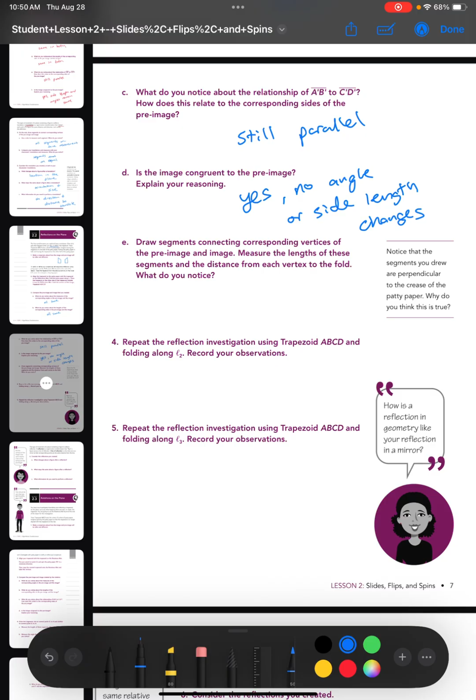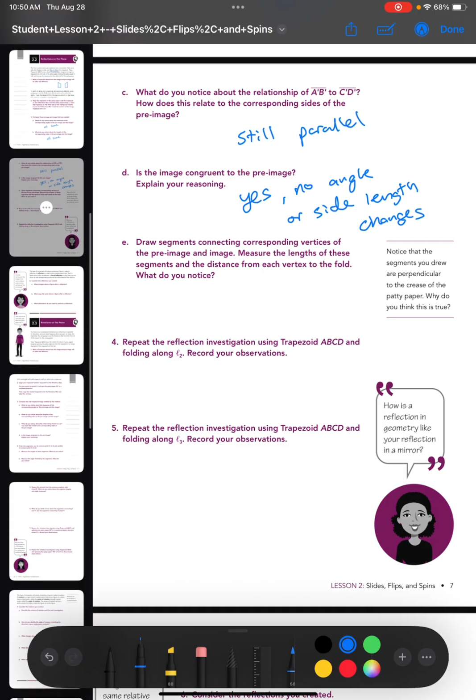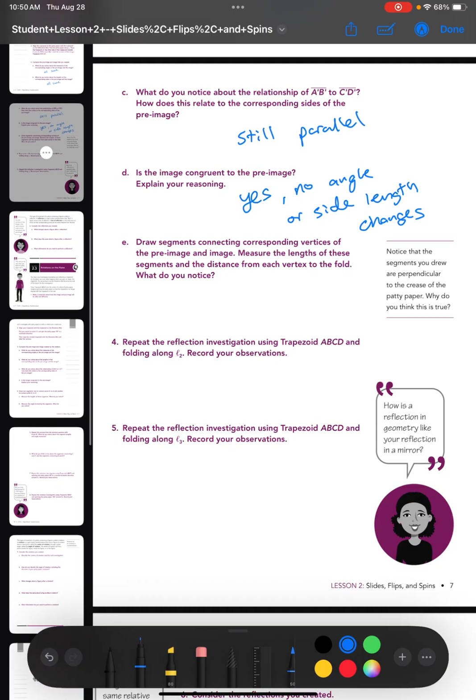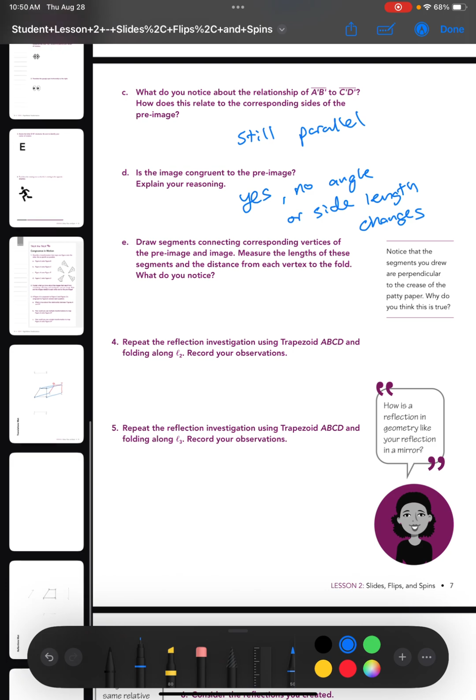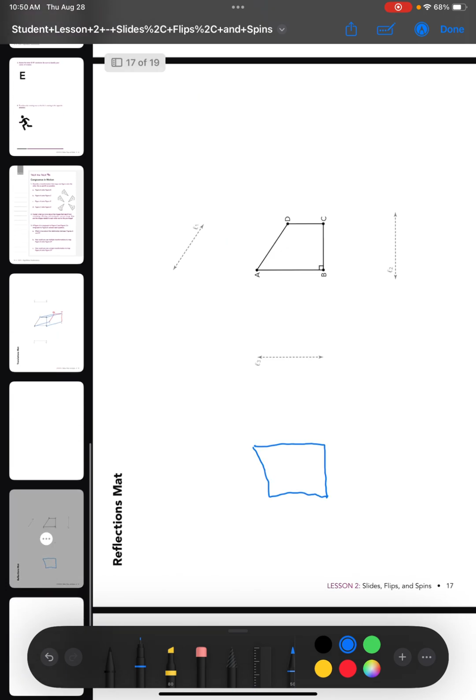Okay, draw segments connecting corresponding vertices of the pre-image and the image. Measure the lengths of those segments and distance from each vertice from the fold, so not to each other, from the fold, and what do we notice? So in other words, I'm going to go down to that image.